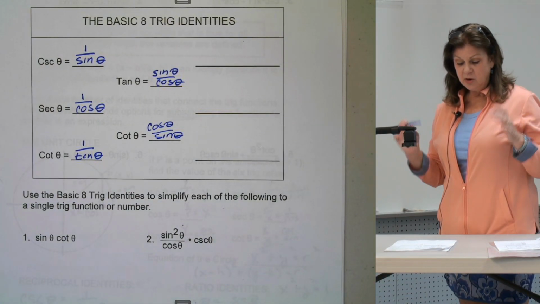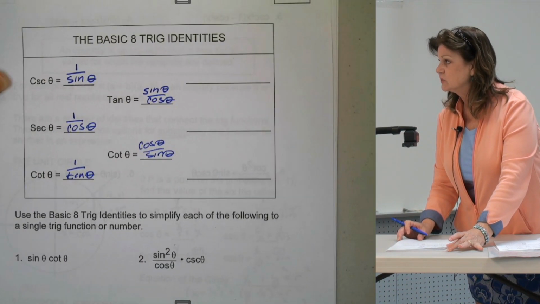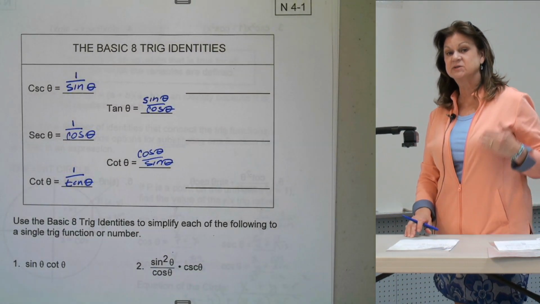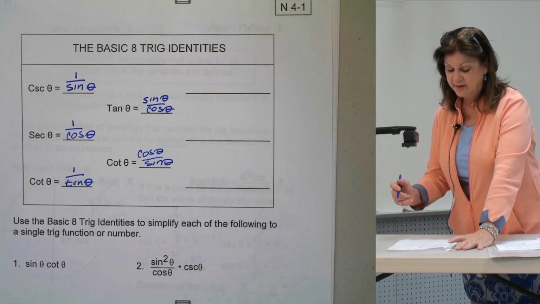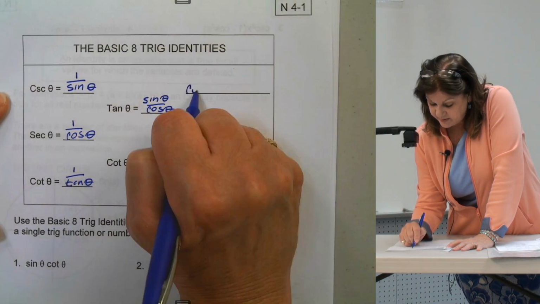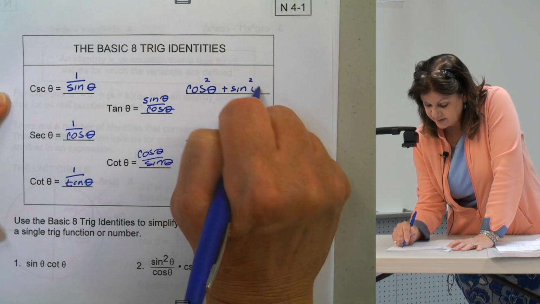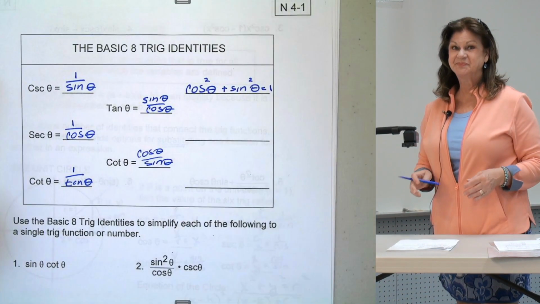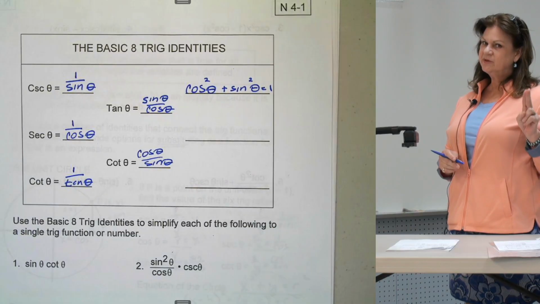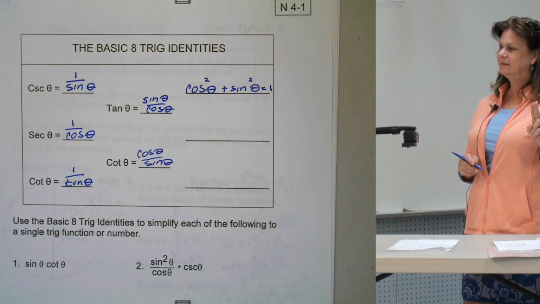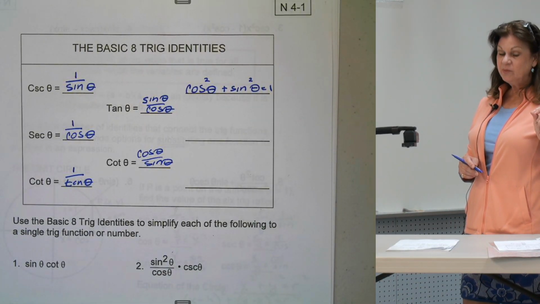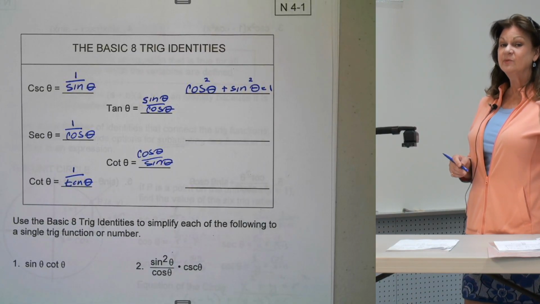And then our granddaddy equation, a squared plus b squared is c squared, x squared plus y squared is r squared, cosine squared plus sine squared is 1. Well, there's 2 other identities that come off the granddaddy. If you don't memorize them, don't worry about it. You have to memorize how you can find it.